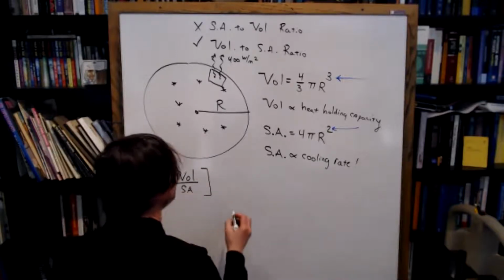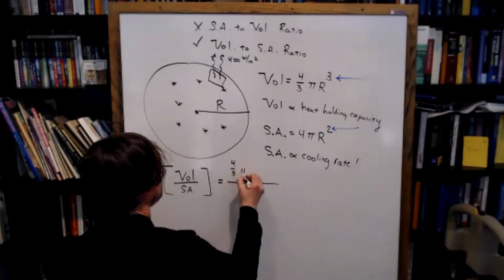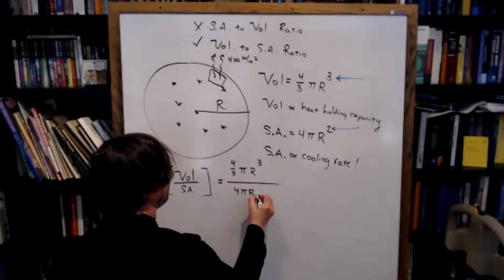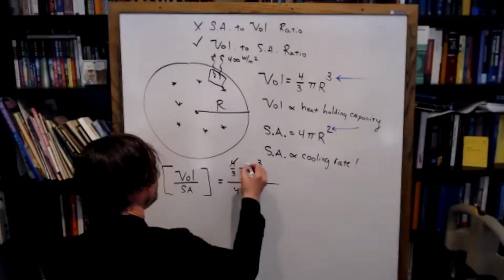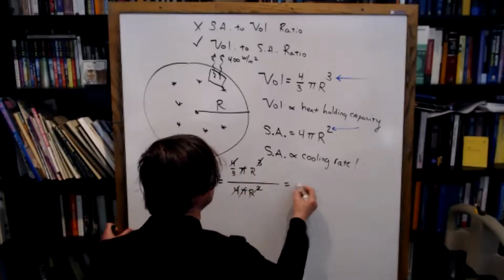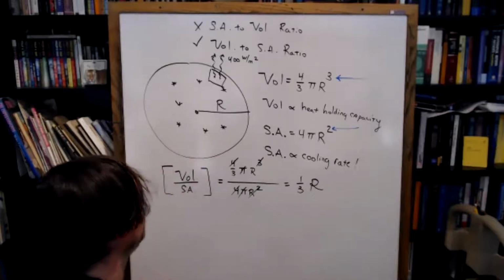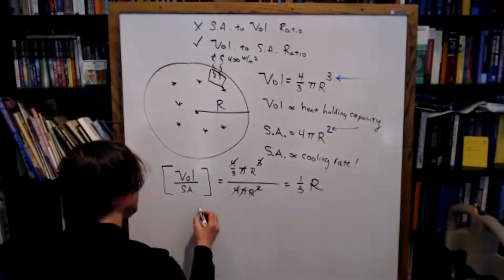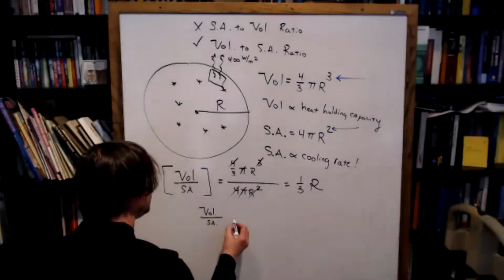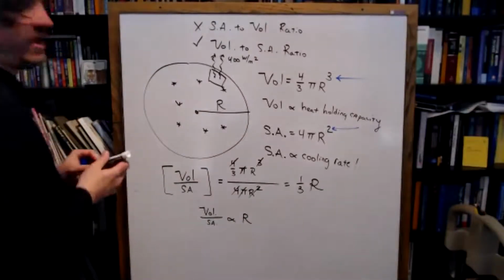So if you do 4/3 pi r cubed over 4 pi r squared, the 4's and pi's cancel, and two of your radii cancel, and you get 1/3 r. And this means that the volume to surface area ratio of a planet is directly proportional to its radius.